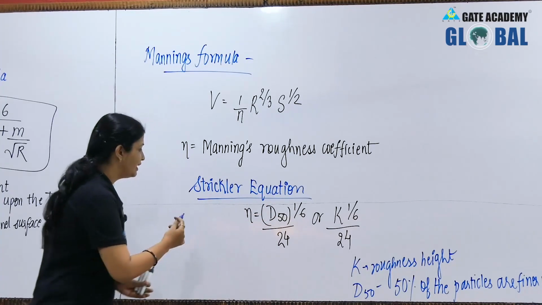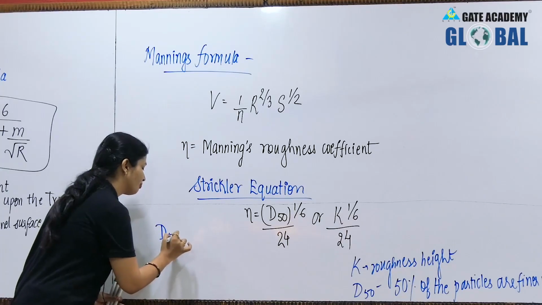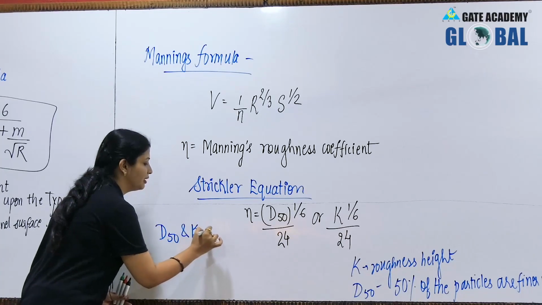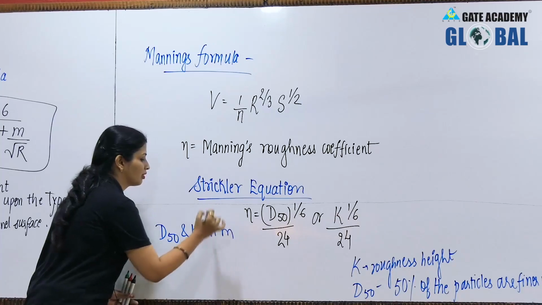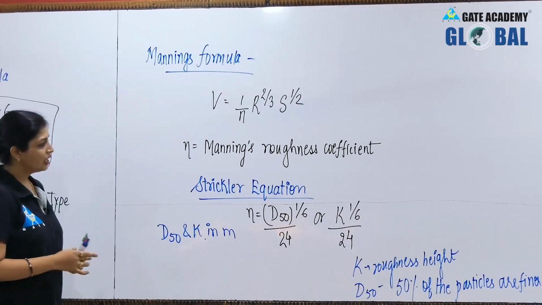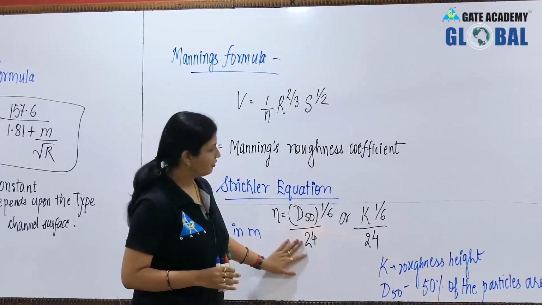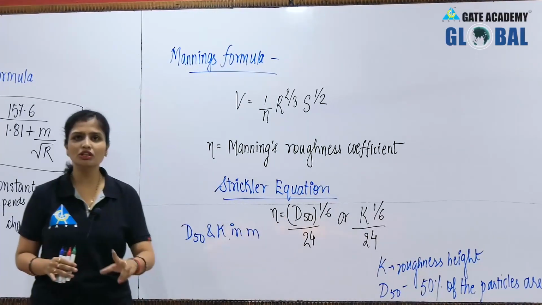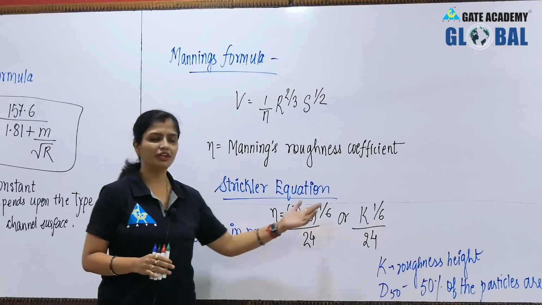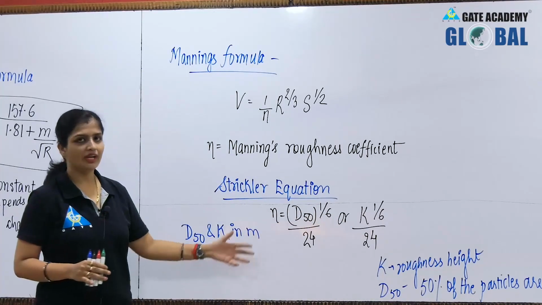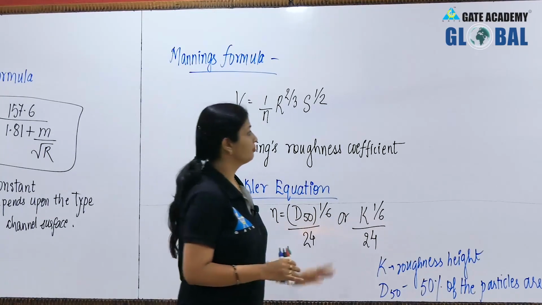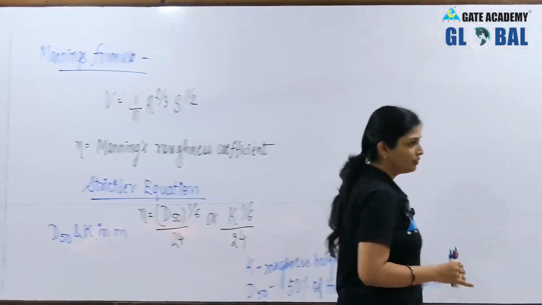So here D50 and K both are in meters. Whenever you have to calculate Manning's roughness coefficient, you have to substitute the value of D50 or K in meters. Now, this is the first formula.